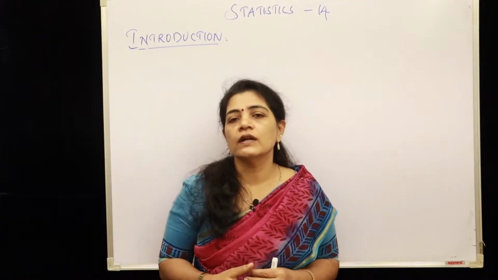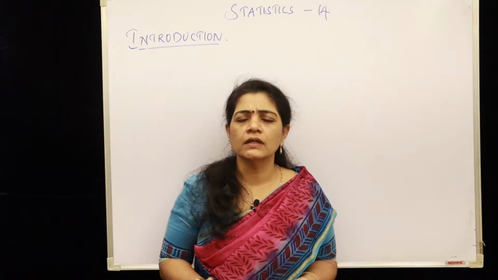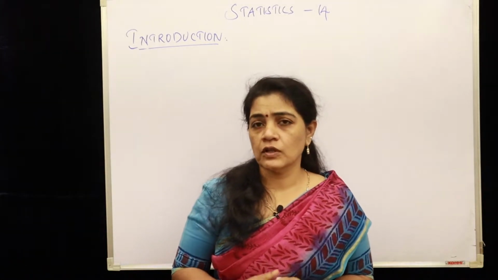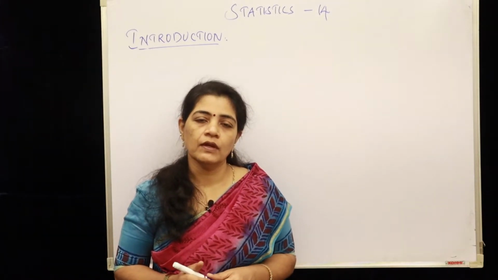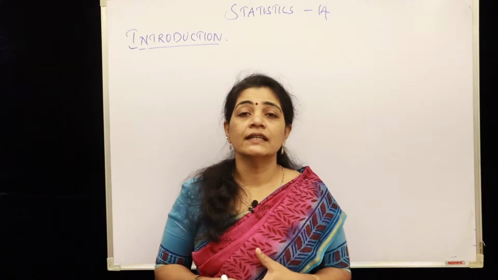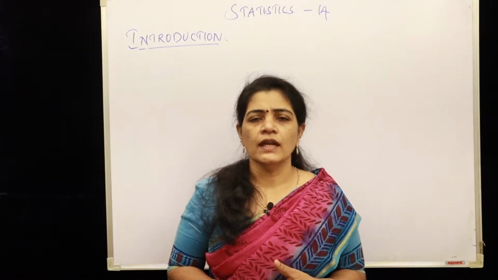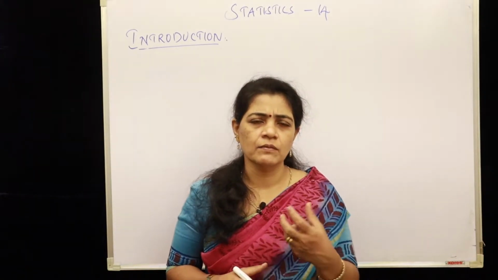So first, what is data? Data is nothing but the collected information, or the numerical facts collected, is what we call data. We can represent this data in different ways. In the first case I will take a very simple example.